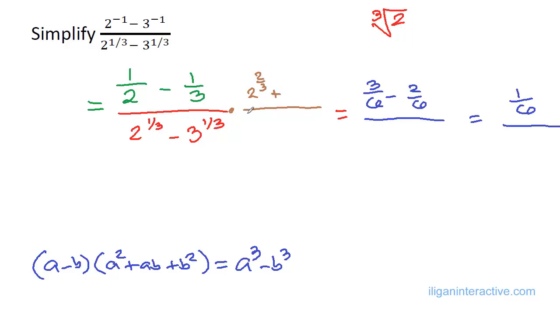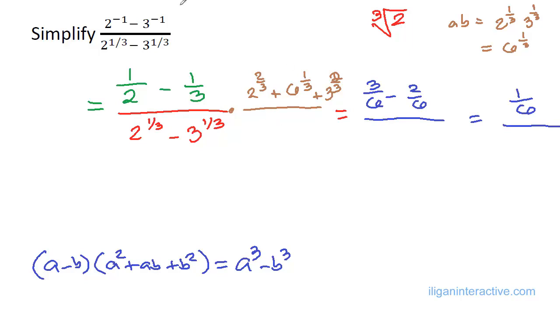So what is ab then? ab will be 2 to the 1/3 times 3 to the 1/3. They have the same exponent, so I can just have 6 to the 1/3, plus b squared, of course, 3 to the 1/3 squared, 3 to the 2/3, because you square a 3 to the 1/3.